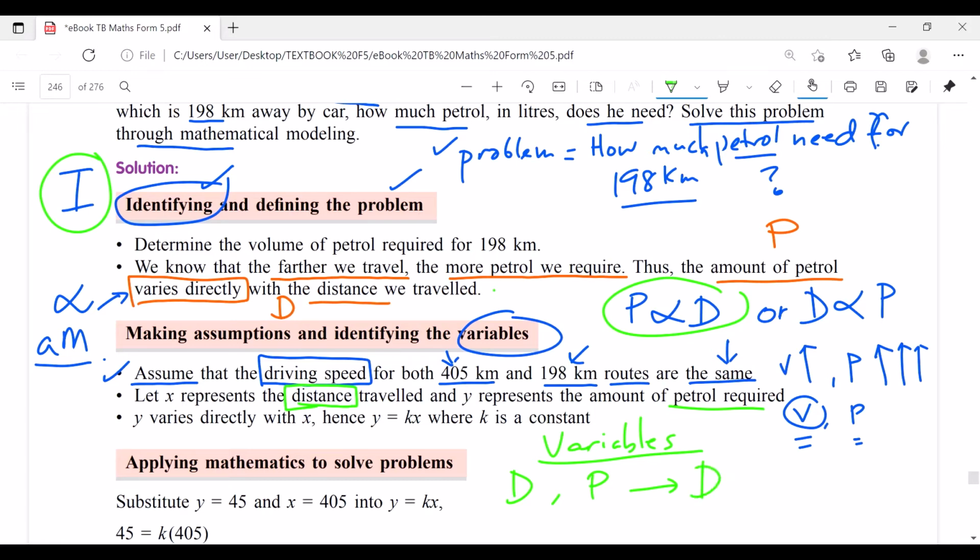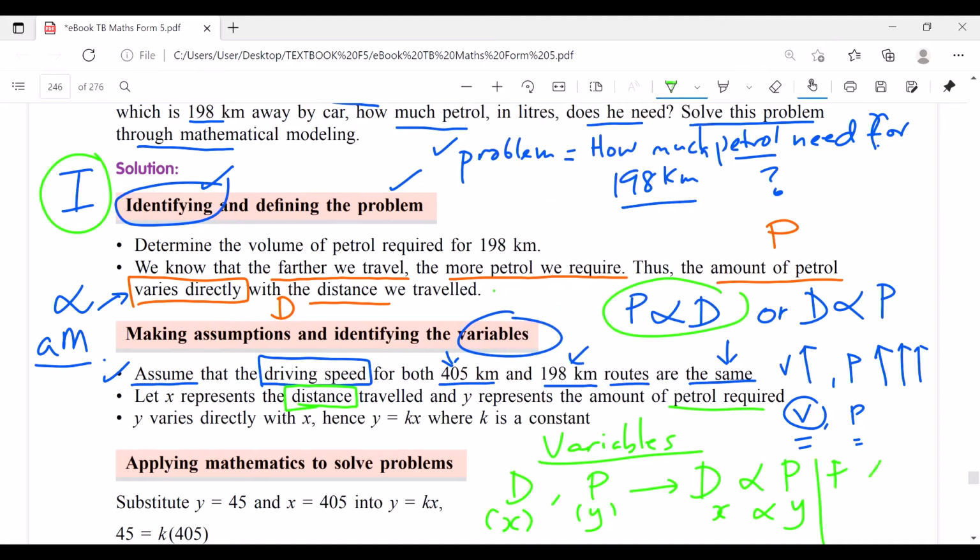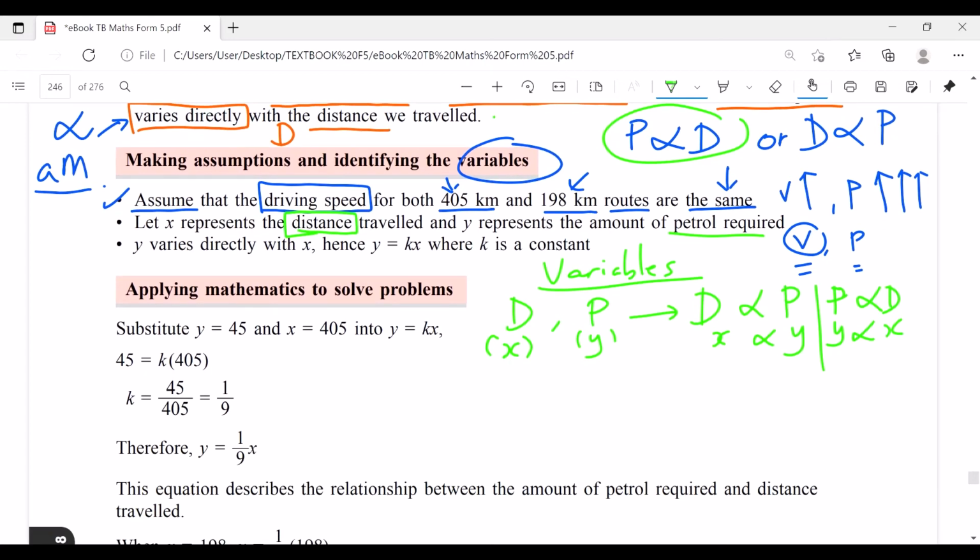So D varies directly with P, and you can say that your petrol is your Y, and your distance is your X. If you say petrol varies directly with your distance, so your Y varies directly with your X. Here your Y is your petrol, your X is your distance.